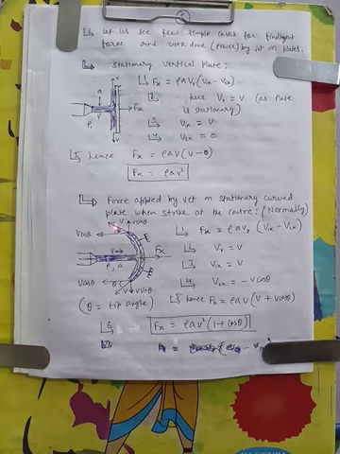Say this angle is theta. This plate is fixed, and the jet falls on the plate with velocity V and leaves with velocity V. So the equation along the x direction is rho A Vr (V1x minus V2x), where V1x is the velocity in the x direction initially, when it just strikes the plate, and V2x is the final velocity of the jet when it is just leaving the plate.